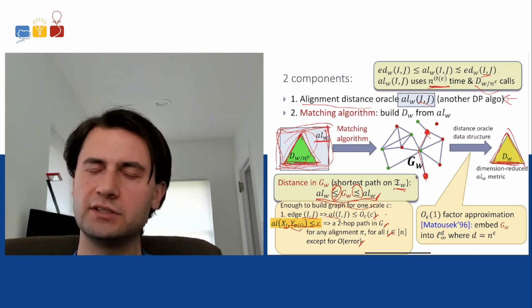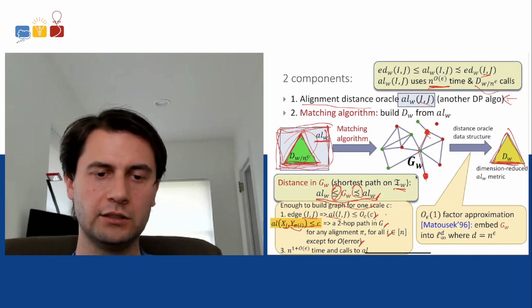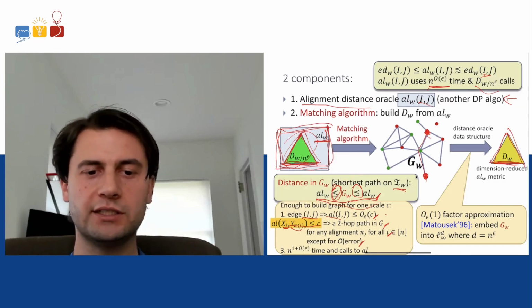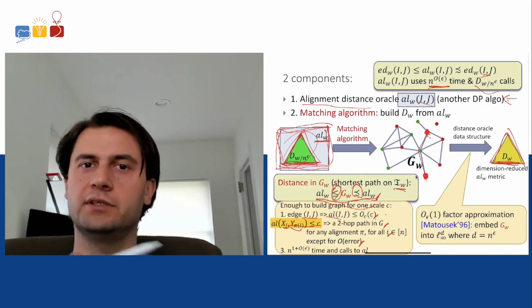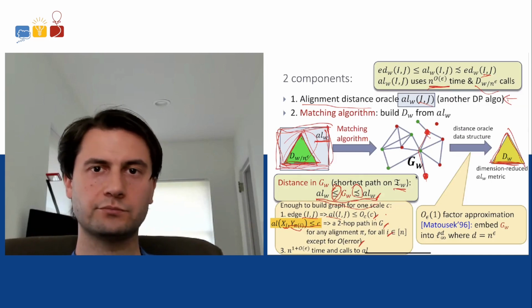This is a very average-case kind of notion. And property 3 is that each of these steps takes time n^(order epsilon), and overall, when you put everything together, the runtime will still be n^(1+order epsilon).